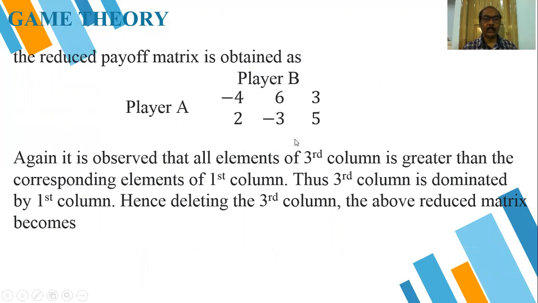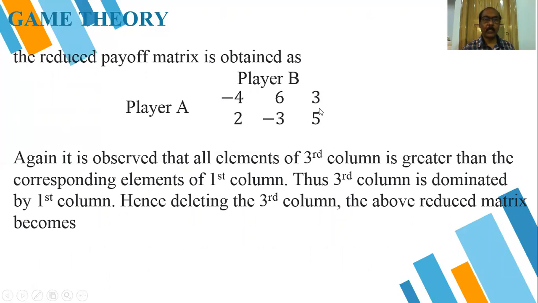If we observe, the third column is compared with the first column. If we compare the third column with the first column, 3 is greater than -4 and 5 is greater than 2.